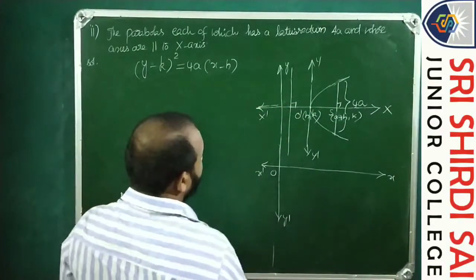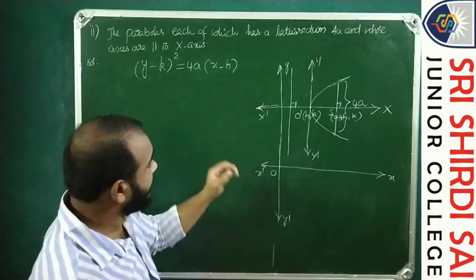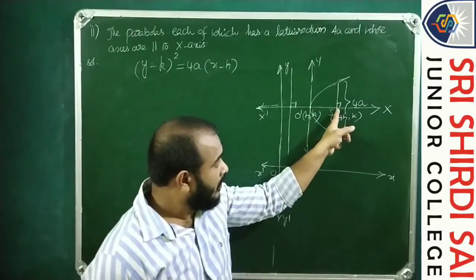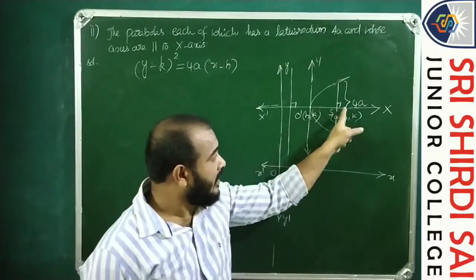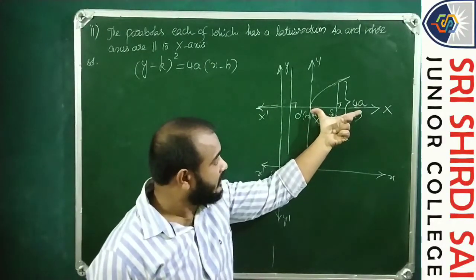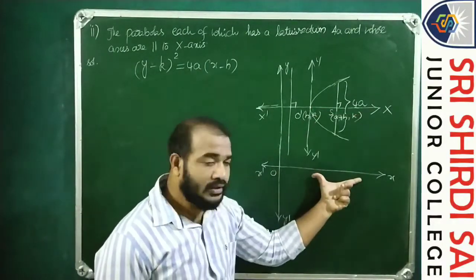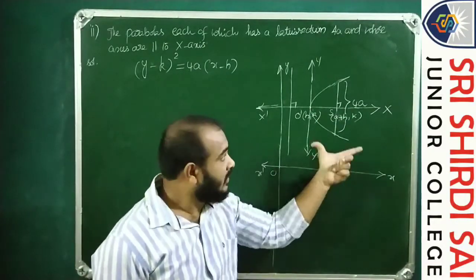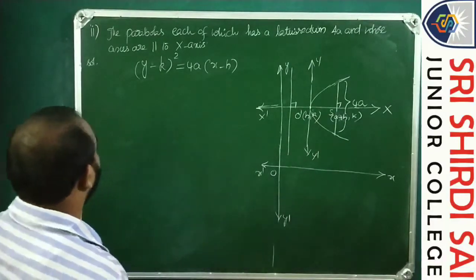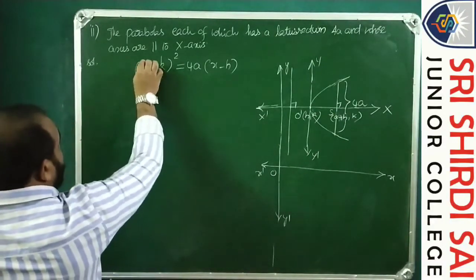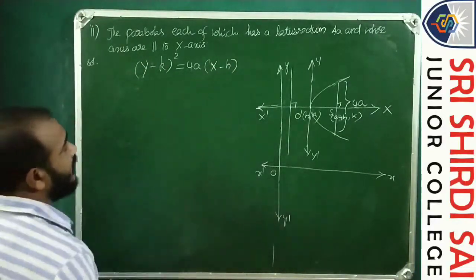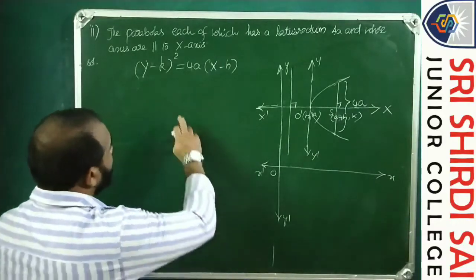Here the latus rectum is 4a and the axis means the line passing through the focus. Here this line is the principal axis and this line is parallel to the x-axis. Capital X dash is parallel to small x dash. So therefore y minus k whole square equals 4a into x minus h. So this is the equation given here.